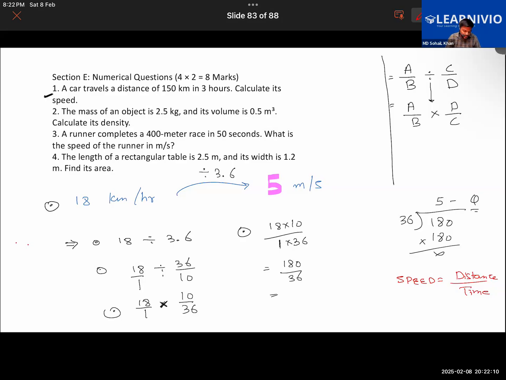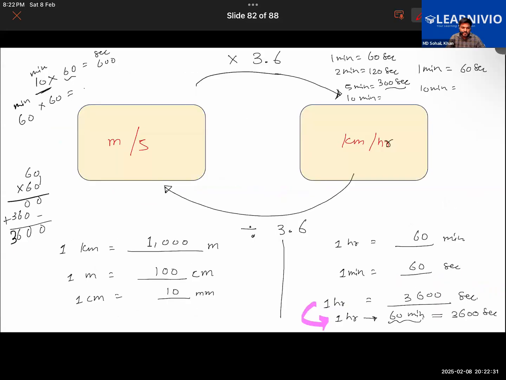Now do the third question. Skip the second question as of now. Do the third question, Rizan. Yeah, Fatima done.